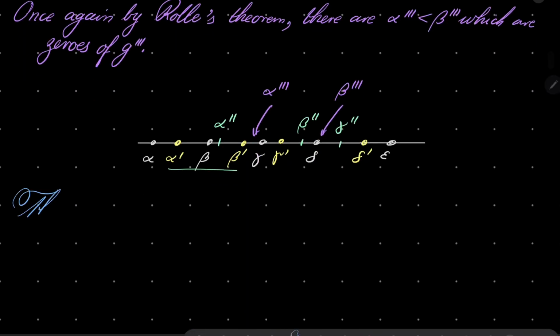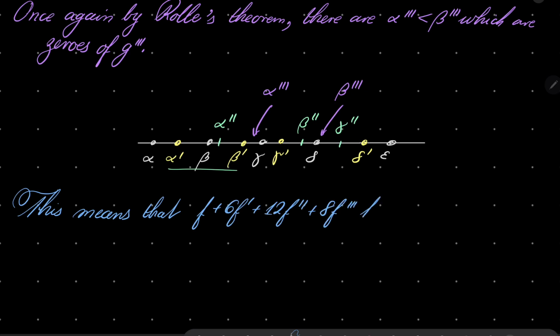This means that f plus 6f prime plus 12f double prime plus 8f triple prime has two distinct real zeros, alpha triple prime and beta triple prime.